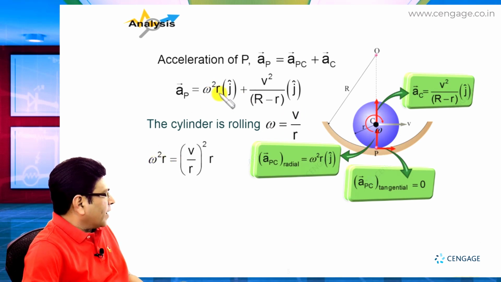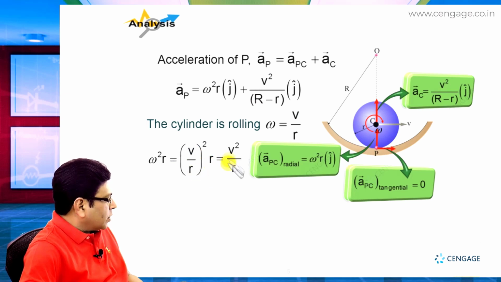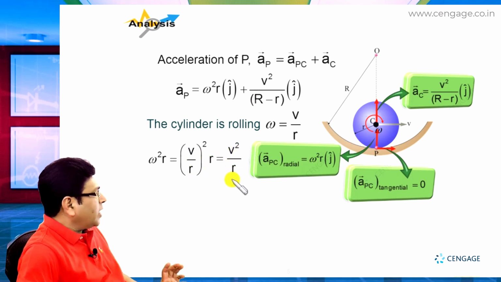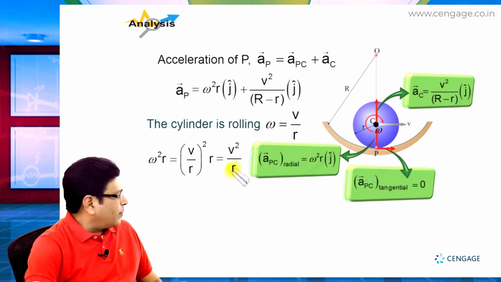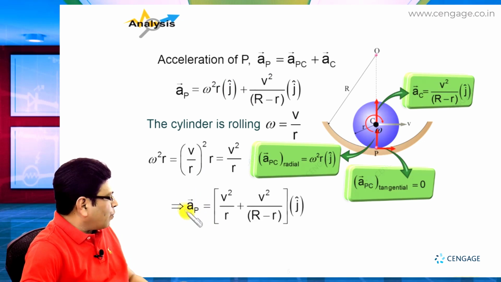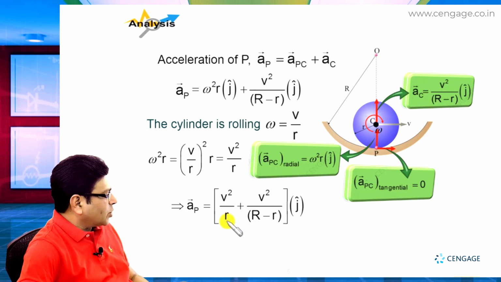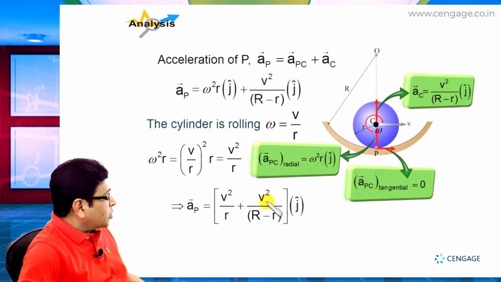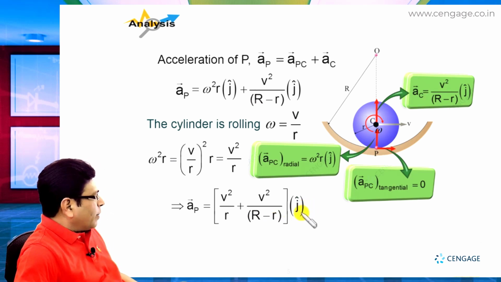So omega square r equals v square divided by r square multiplied by small r, that is equal to v square divided by small r. Now we can substitute the value of omega square r in this equation. So we will get the acceleration of point P, which is the lowest point, as v square divided by small r plus v square divided by (capital R minus small r) multiplied by j cap.